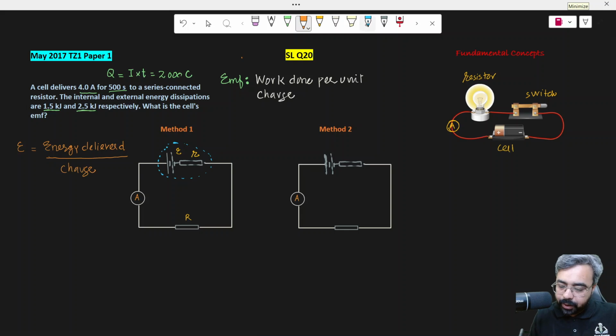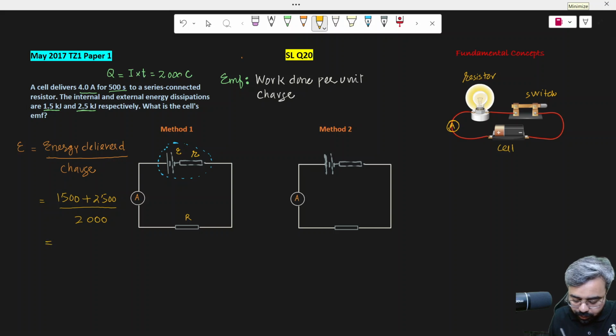We have already calculated the total amount of charge that is flowing, and the total energy delivered is actually the total energy dissipated at the two places. One is the internal resistance, another one is the external resistance, and we already know their values. So that is 1500 plus 2500 divided by 2000 coulomb, right?